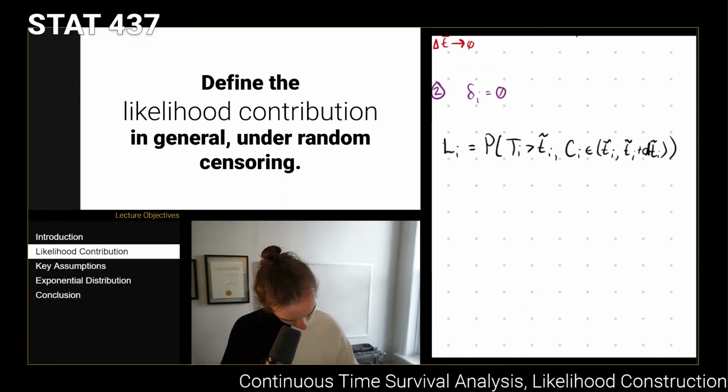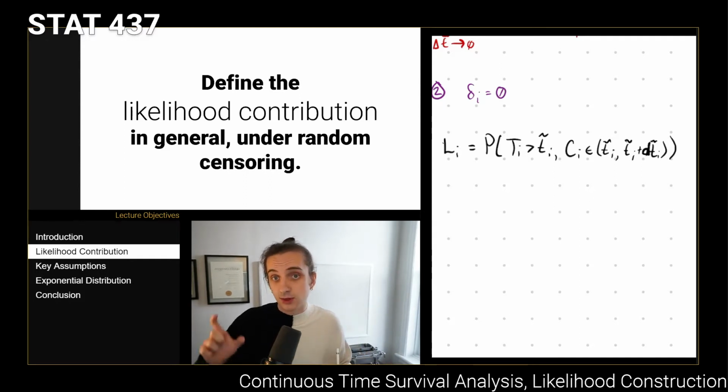Sorry, that should be a d there. Okay, and so those are the two possible contributions to the likelihood, right? And we haven't said anything about what this joint probability actually looks like. But if we observe the event, then the likelihood contribution for the event process is that it occurs in that interval. It's the density of that occurring. And if we don't observe it, then the censoring gets the same density.